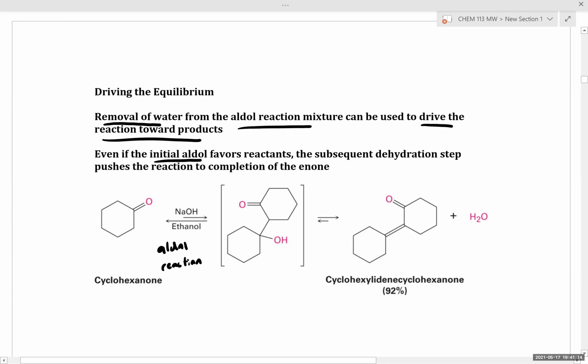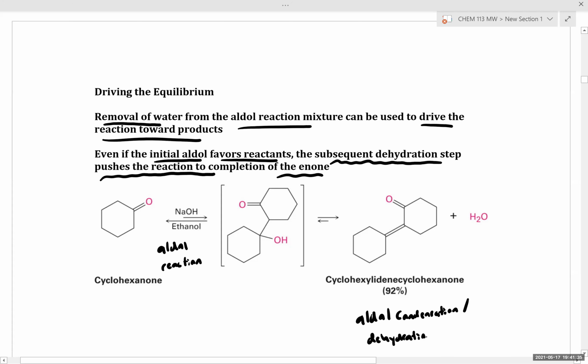Even if the initial aldol reaction favors reactants, the subsequent dehydration step pushes the reaction to completion to form your desired enone product. And we'll call these products aldol condensation or dehydration products.